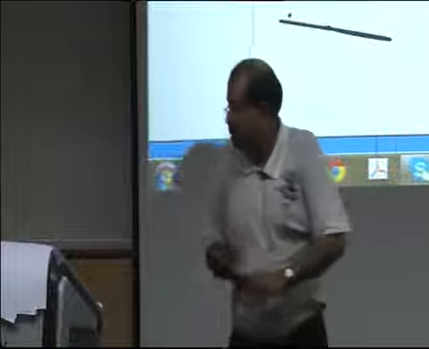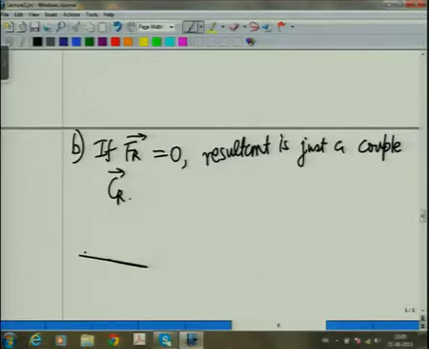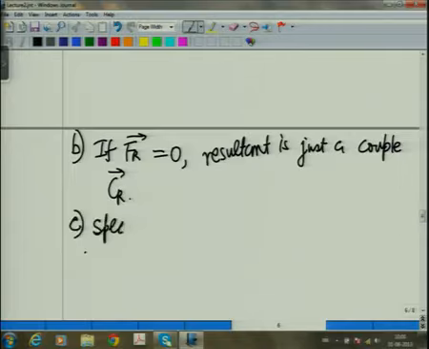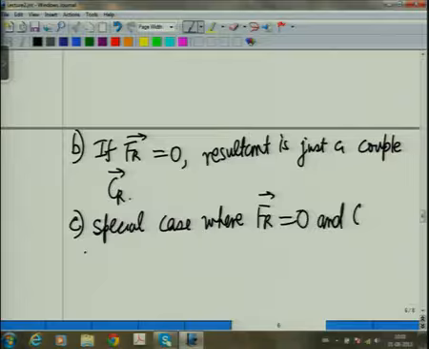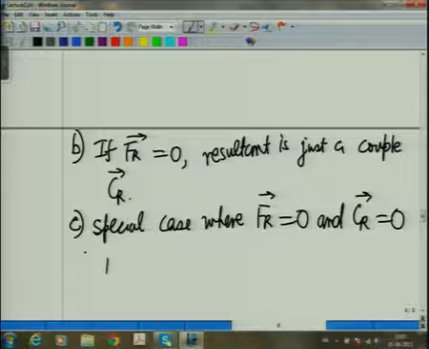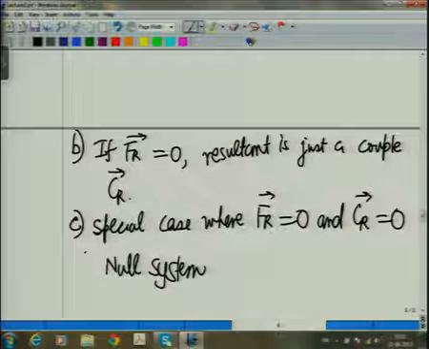Or we could have a special case which we call a null system, where both FR and CR at point A are 0.